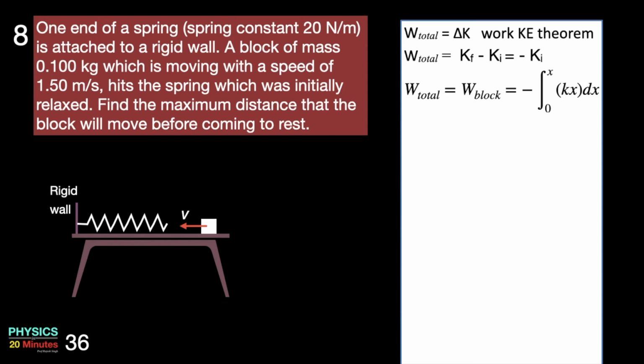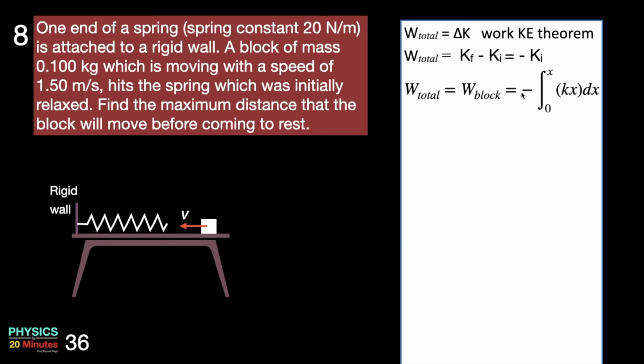I am again showing you the calculation of the work done by the spring. It is a variable force, so you have to use the integral formula, minus integral f dx. Why is this minus sign? Very simple. The displacement of the block is towards left, while the force working on the block due to the spring will be towards the right side.